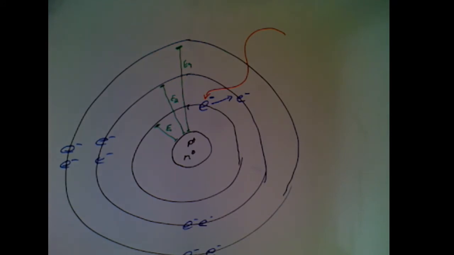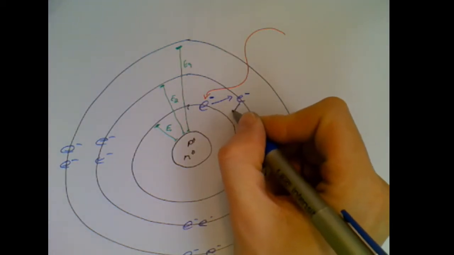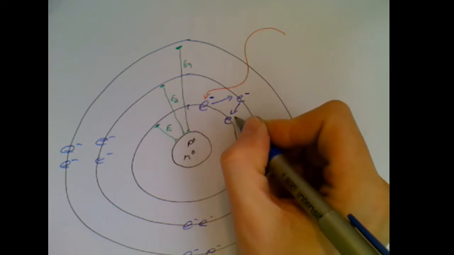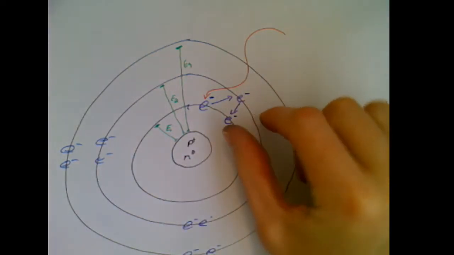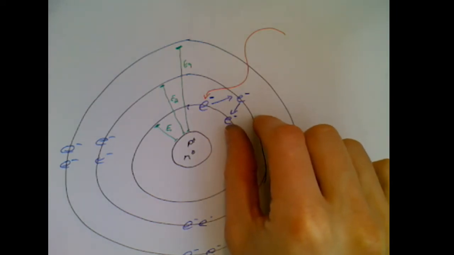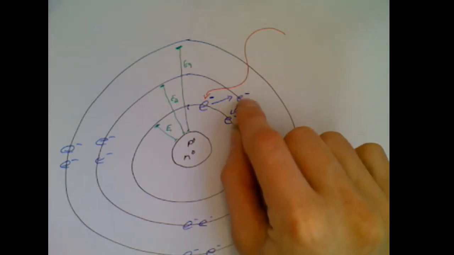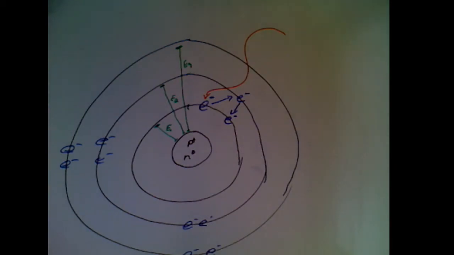The only thing is, I always say electrons are lazy. Electrons want to be at the lowest energy they possibly can. So this electron is actually going to jump back down. But in order to do that, it had to lose this much energy, the amount of energy from here to there. And that energy can't just disappear, it has to go somewhere.